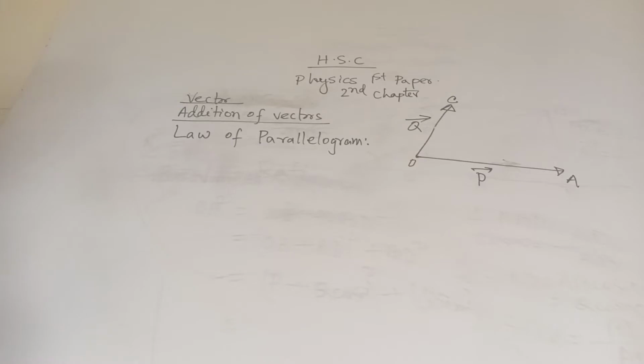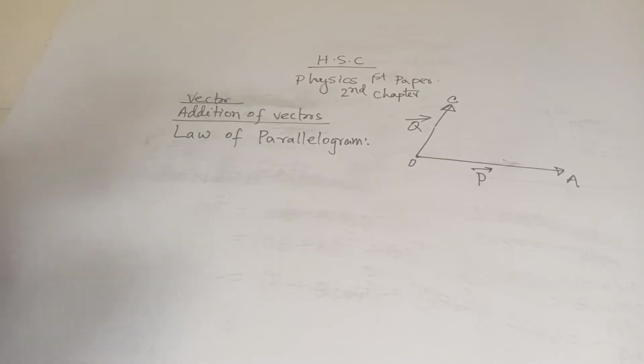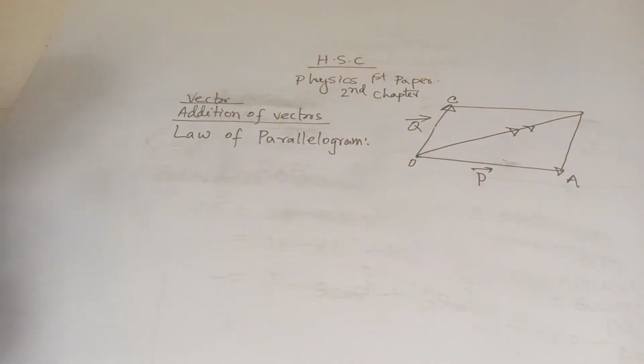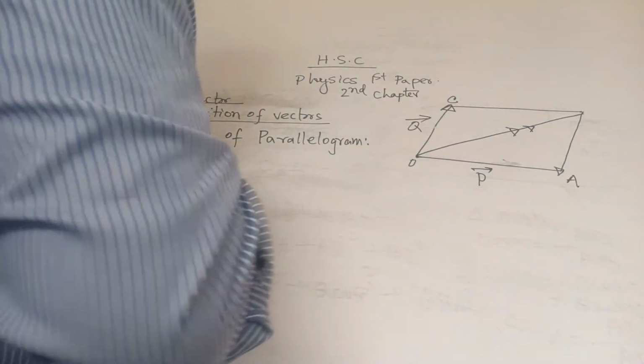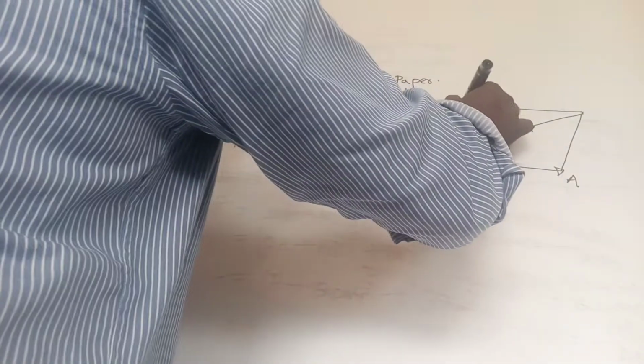What does it say? It says that if you take these two arms as the adjacent arms of a parallelogram, and if you complete the parallelogram, in that case the diagonal from this point will indicate the direction of the resultant vector, and its length will indicate the magnitude of the resultant vector.